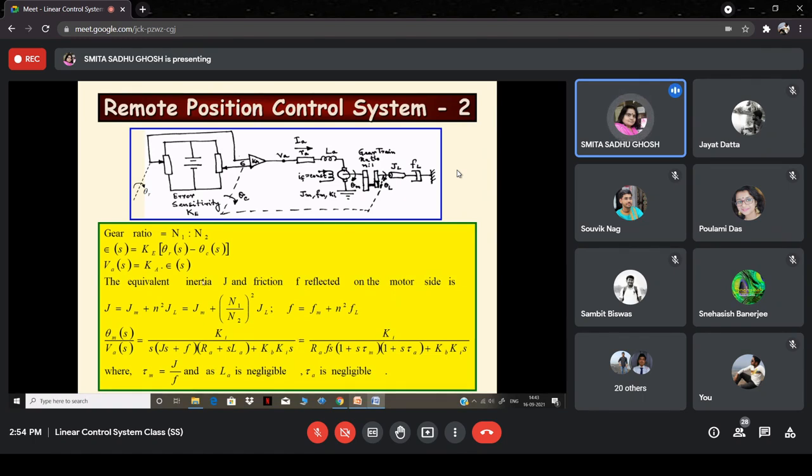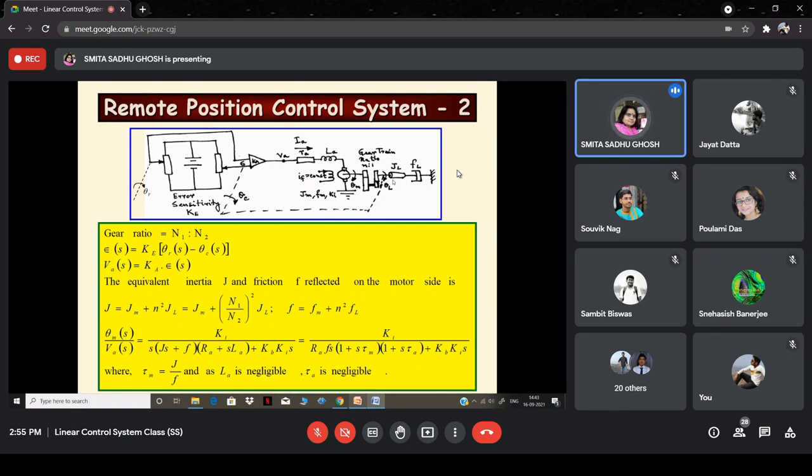The only difference is that now the motor is directly coupled to the load. Earlier we had taken only the servo motor and derived its model. But in this particular application, the shaft of the motor is coupled to the load.